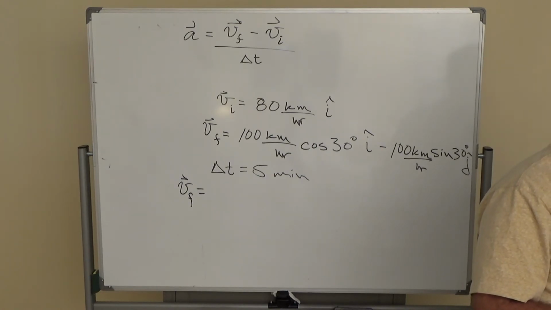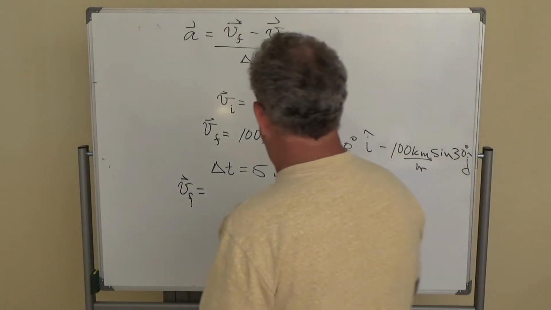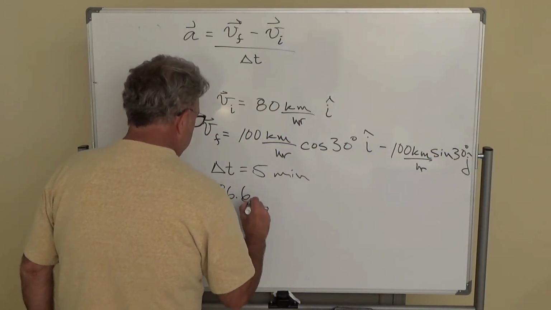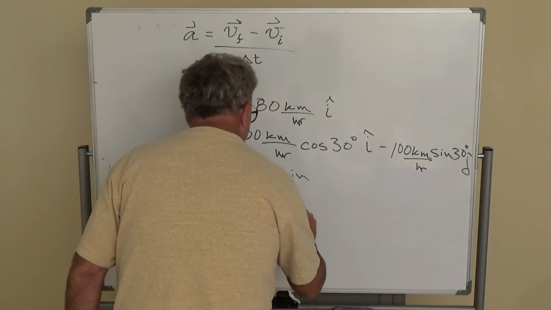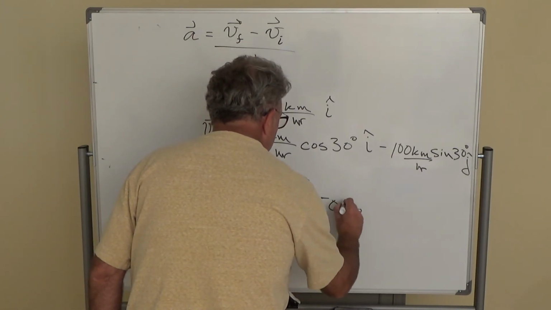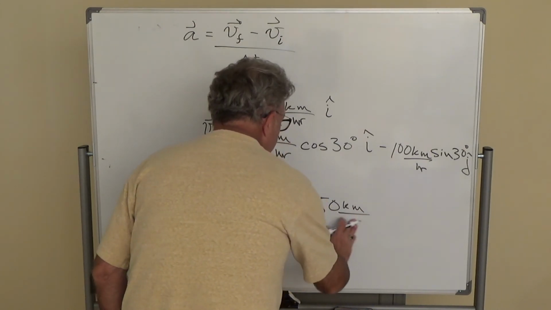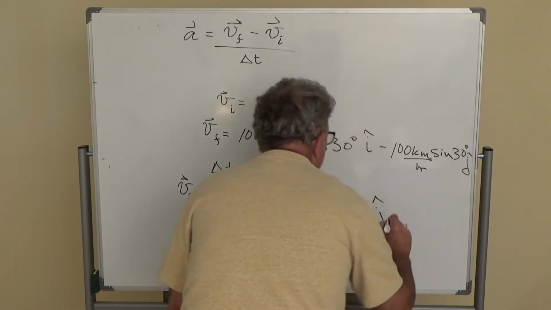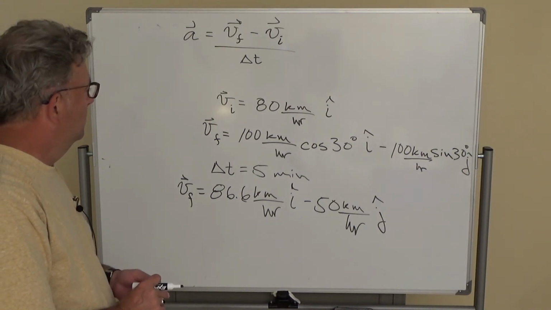No, 86.6. That's right. Square root of 3 over 2, so okay. 86.6 kilometers per hour I hat minus 50 kilometers per hour J hat.